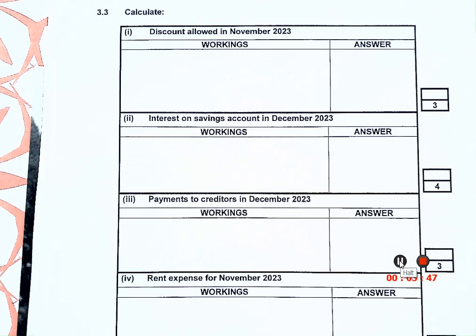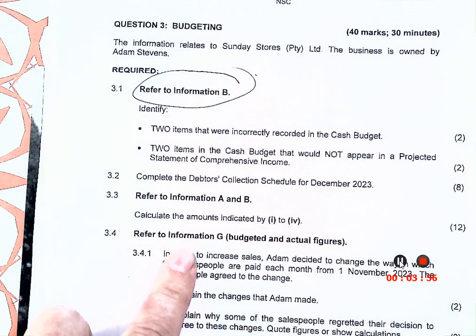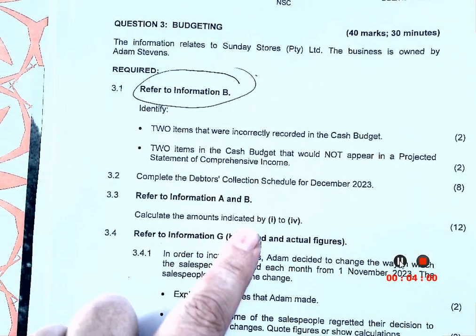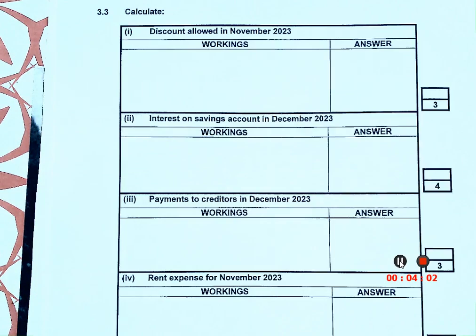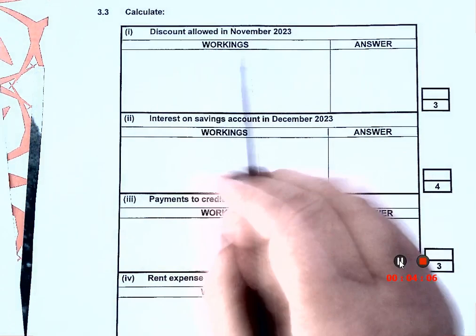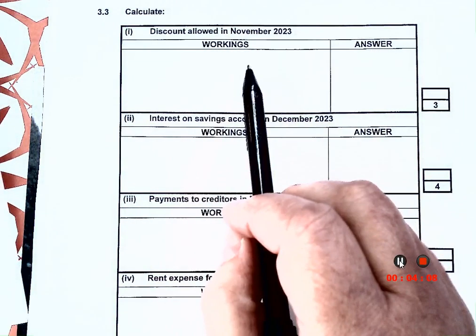Okay, so now they say we have to calculate the missing figures. If I can just find my questions. Refer to information A and B, calculate the amounts. Okay, so A and B, here we go. So, discount allowed in November.